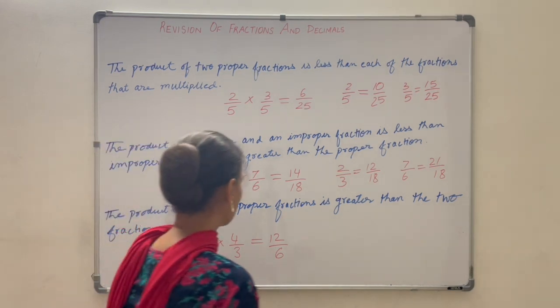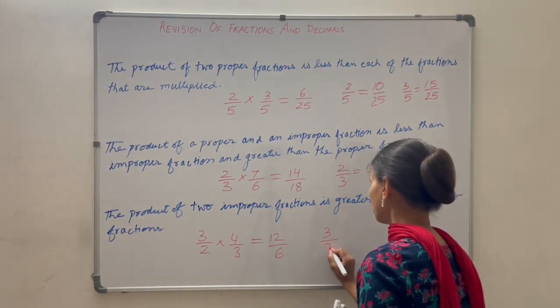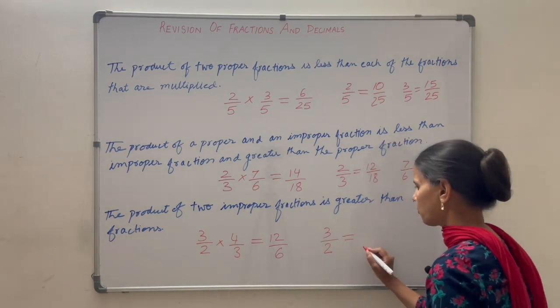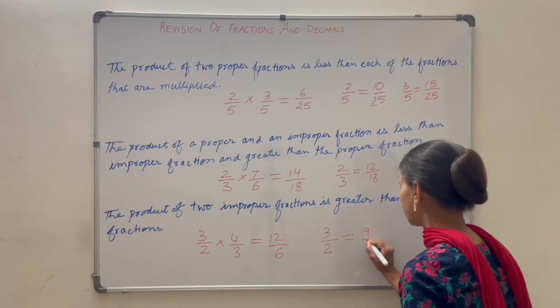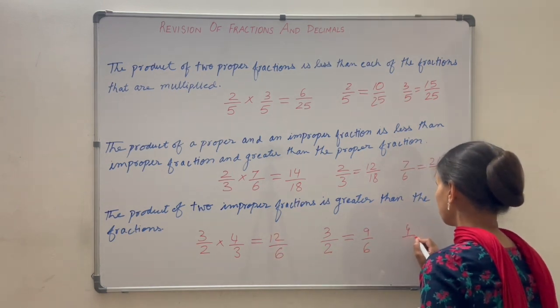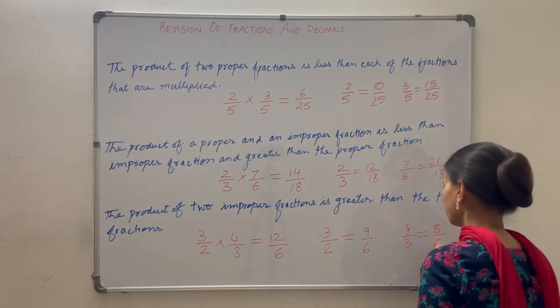Let us check by making the denominator the same. So this is 3 by 2. You have to multiply this by 3 so that the denominator is 6. So it is 9 by 6. And this, 4 by 3, you have to multiply by 2. So this is 8 by 6.